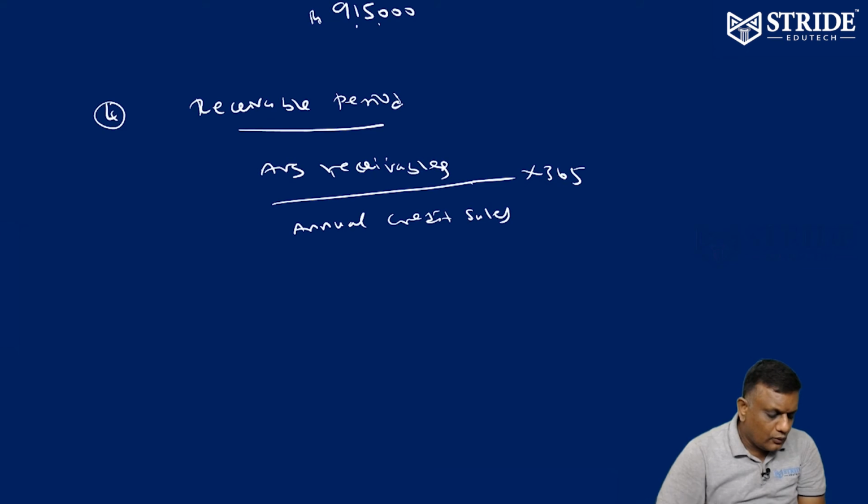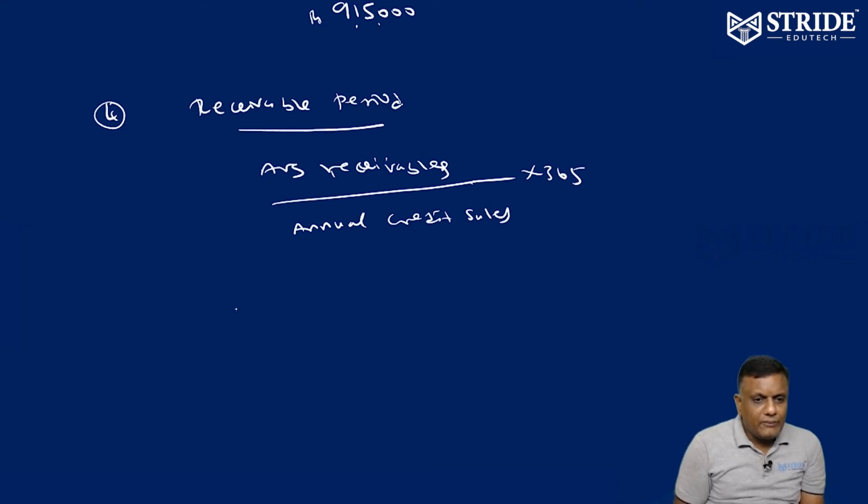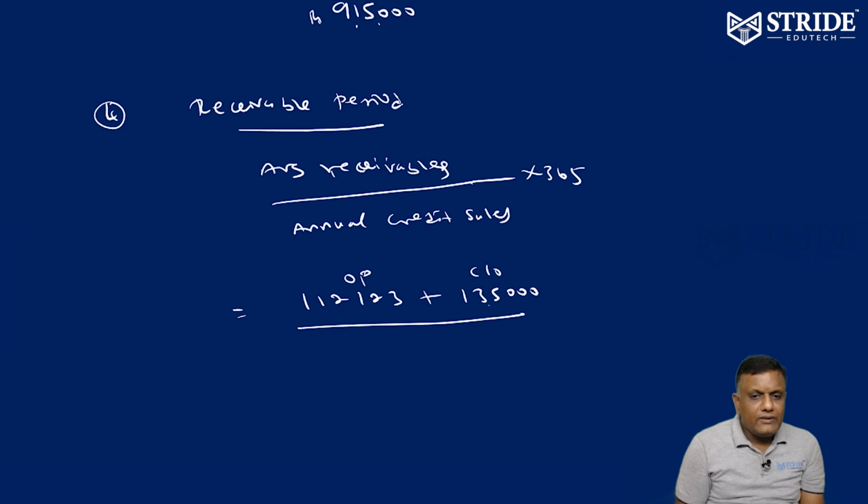Average receivable is opening receivable plus closing receivable by 2. Opening receivable 1,12,123, closing receivable 1,35,000, both given. Average you have to take, by annual credit sales.